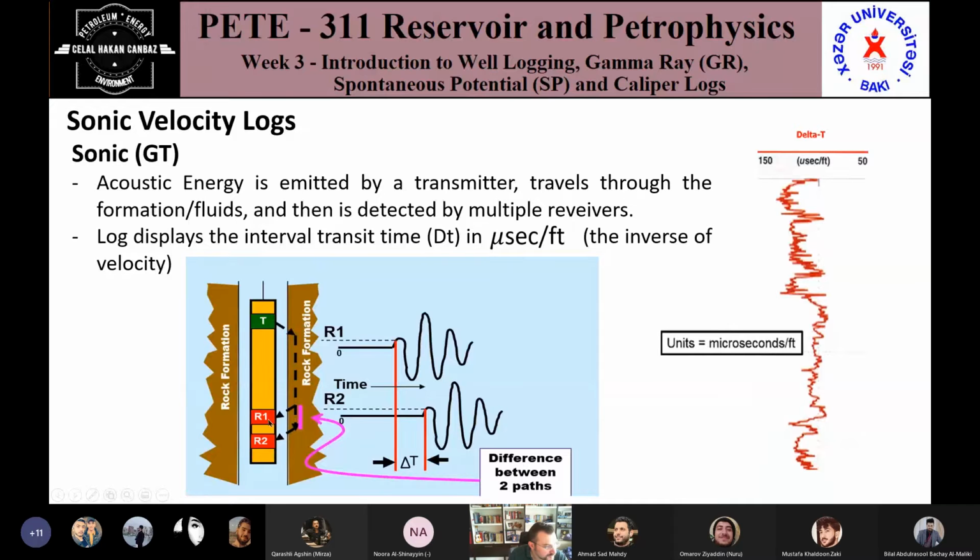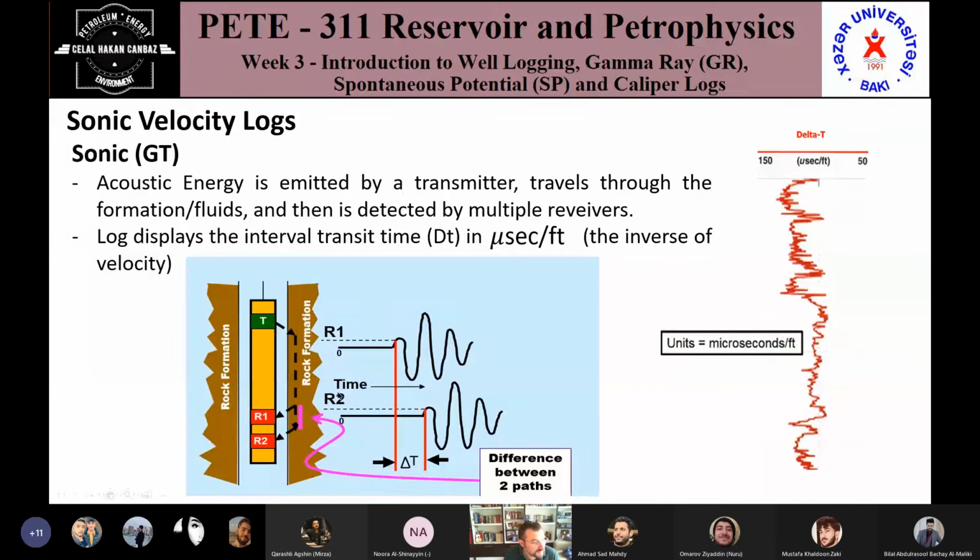Of course there is a difference between these two paths, right? There is a certain interval difference, which is already known. The signal comes first to R1, second to R2, right? Because of that, you record and calculate your time change, delta t, and these interval transit times are recorded as the inverse of the velocity.